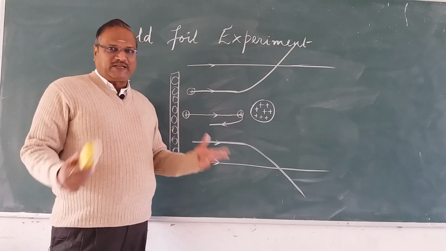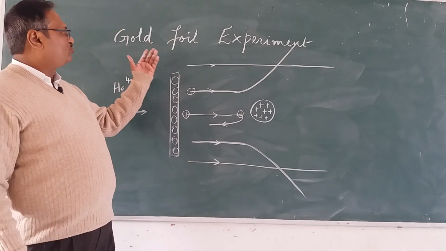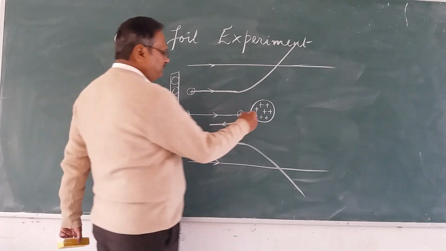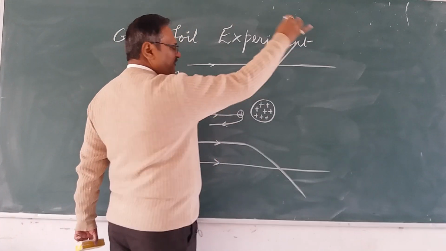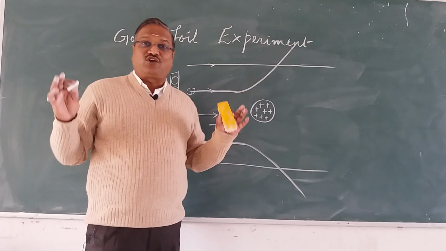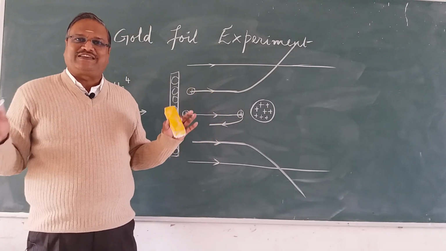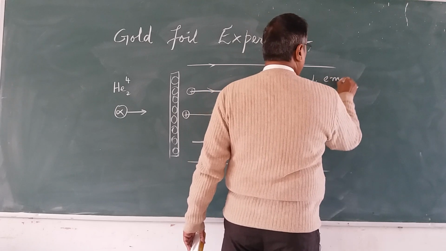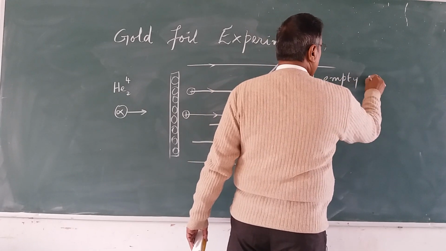Positive will repel. So from this gold foil experiment, it was concluded that the majority are going without deviation, which means there is a lot of empty space in the atom. The first conclusion is that there is empty space in the atom.